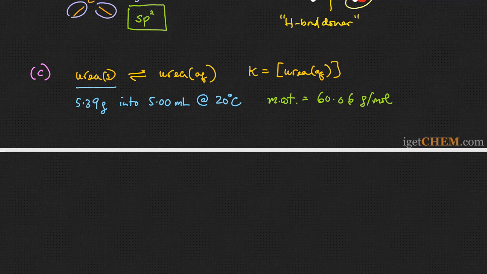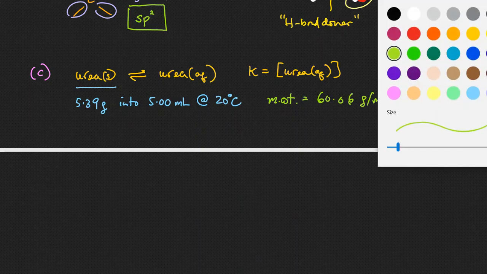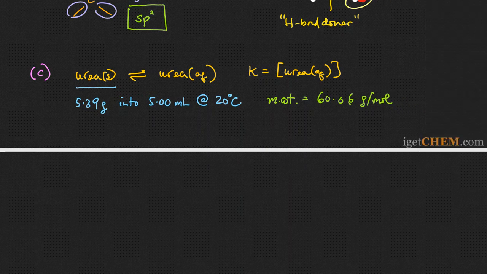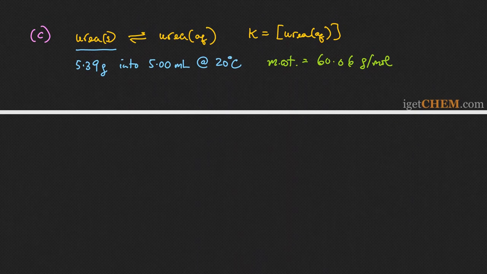Then what you can do is to calculate the concentration of the solution that results from that. So that's a fairly straightforward calculation, because all we would need to do is to calculate the number of moles based on the mass. So here's the mass. So the number of moles of urea must be equal to the mass divided by the molecular weight.